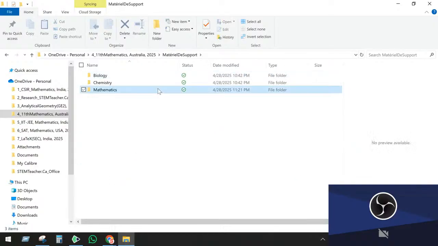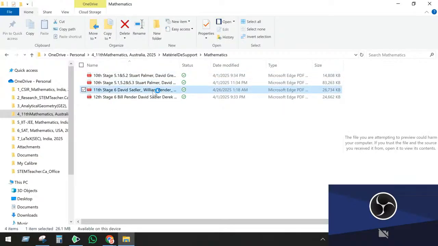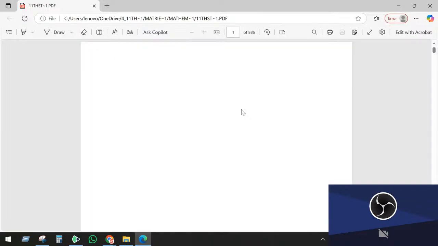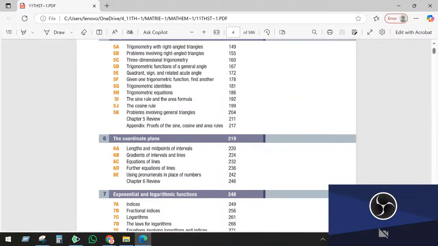And what is our next topic? It is 11th. So with this, we completed this. Next, we have to go to the next topic. Coordinate planes is completed.